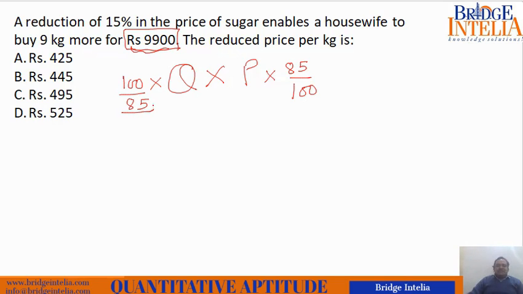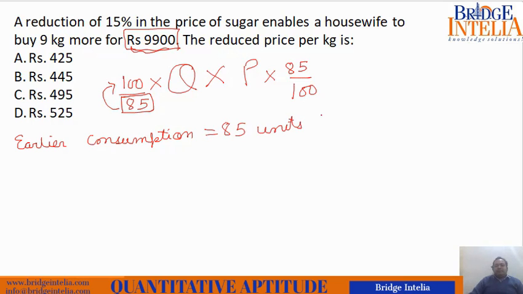It means earlier you were able to buy 85 units, now you are buying 100 units. So earlier consumption 85 units, new consumption 100 units. So she is able to buy 9 kgs more.